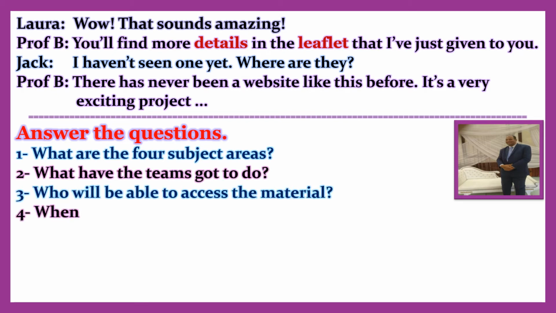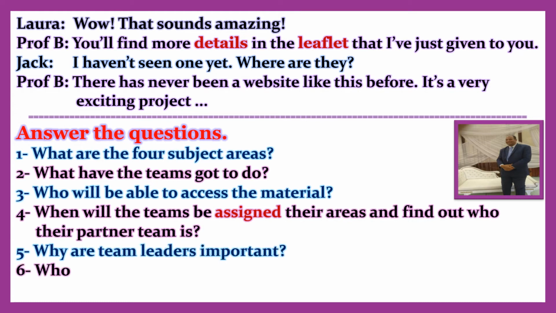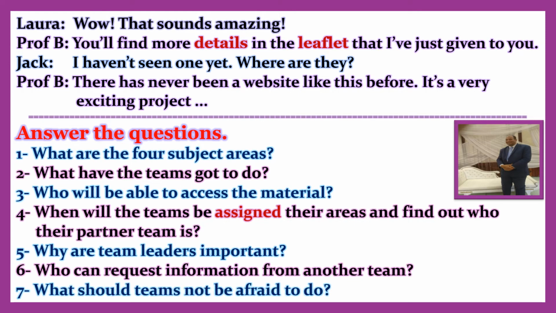Answer the questions. 1. What are the 4 subject areas? 2. What have the teams got to do? 3. Who will be able to access the material? 4. When will the teams be assigned their areas and find out who their partner team is? 5. Why are team leaders important? 6.